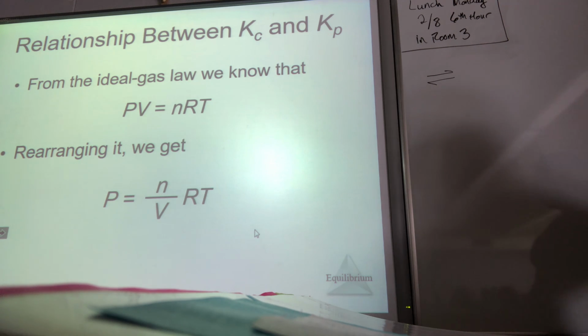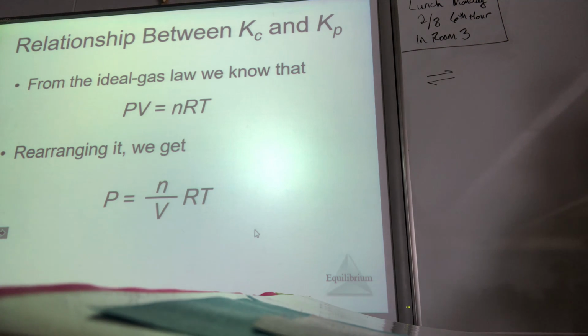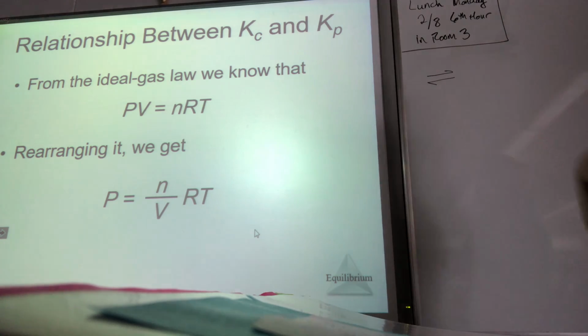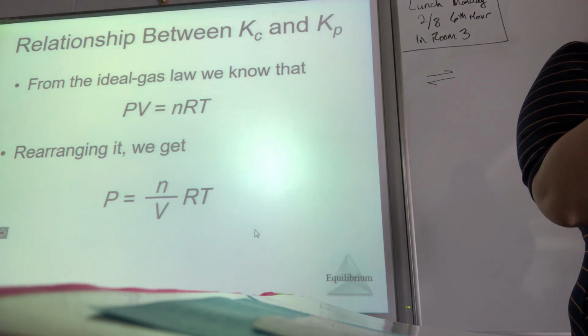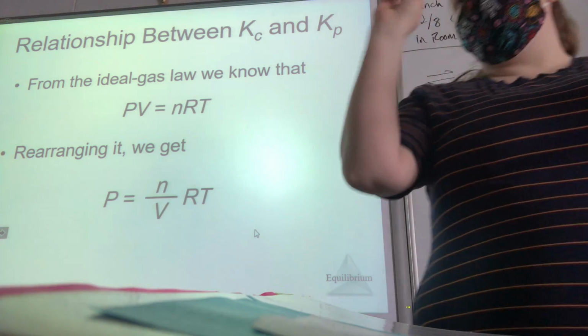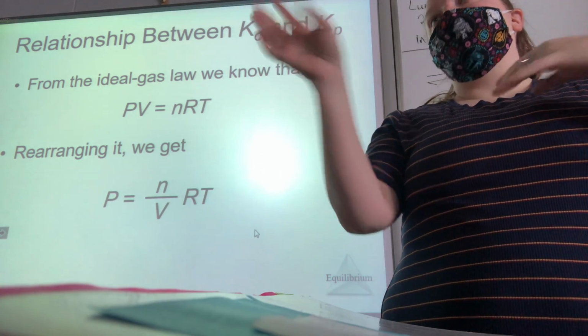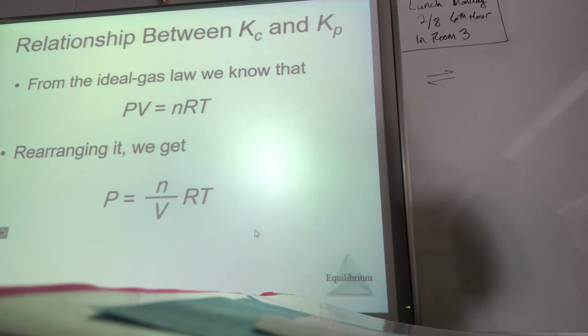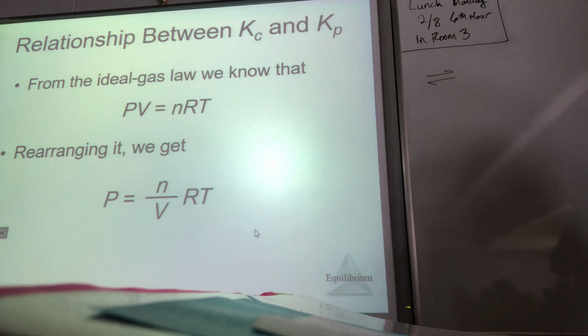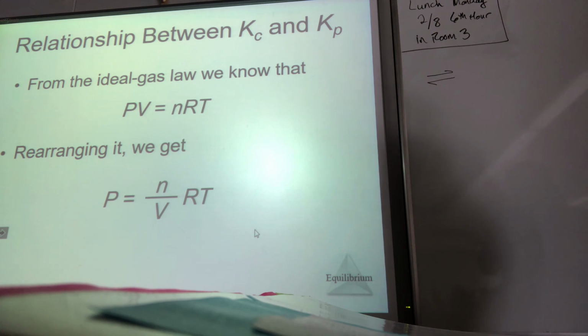Okay. To understand, beyond just writing an expression, how to relate concentration equilibrium constants and pressure equilibrium constants, we have to go back to the gas law. And if you remember, the ideal gas law relates pressure, volume, moles, and temperature. In this particular case, we want to relate pressure to molarity, because we want to relate our pressures to our concentrations.